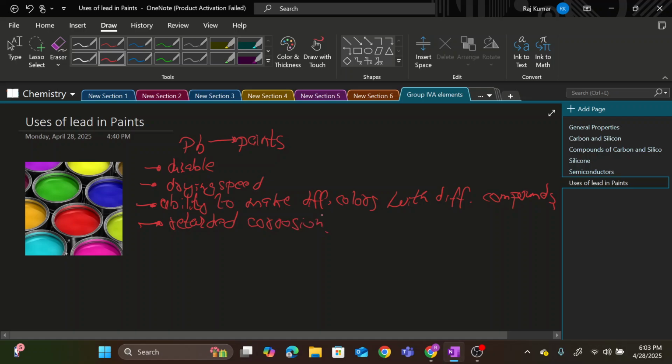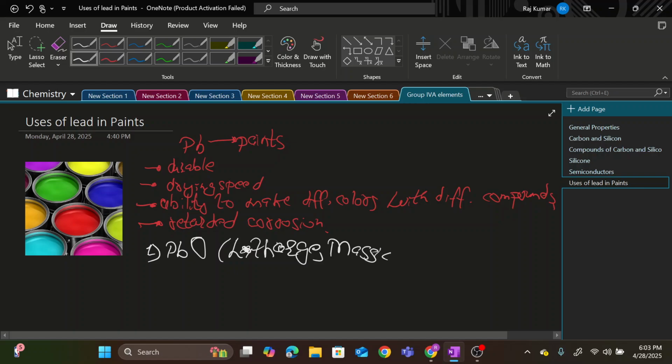Now let's dive deep into what specific types of lead were used. Number one type of lead which was used was lead monoxide, also known as litharge or massicot.